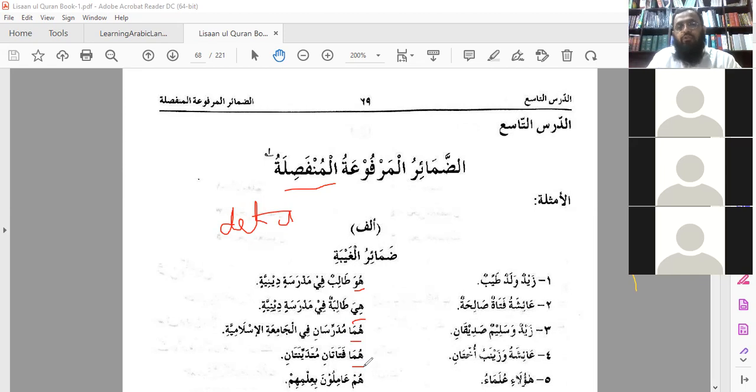That's why we call them munfasila. Marfu, because they always come in the place of mubtada, and mubtada is marfu. Zamair, because they are used in place of a noun, that's why it's zamir. I hope things are very clear for you.